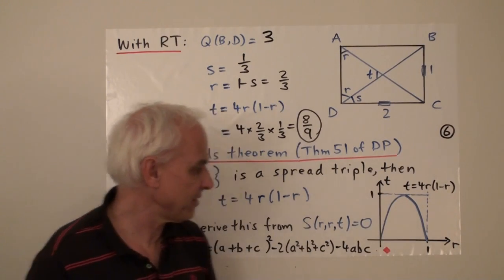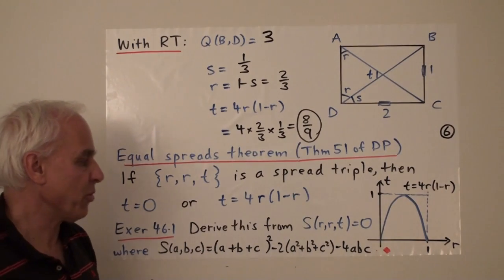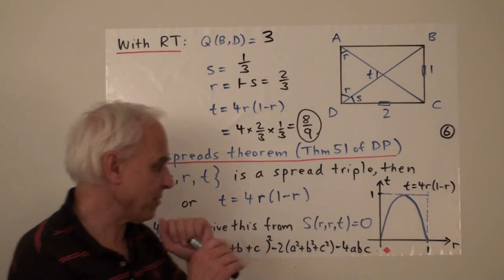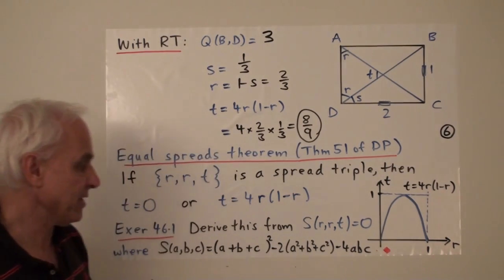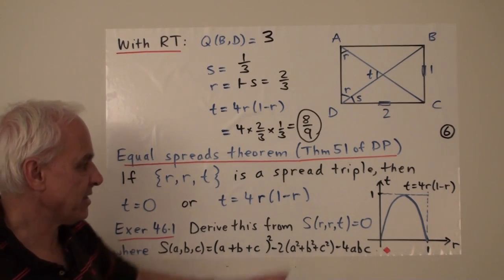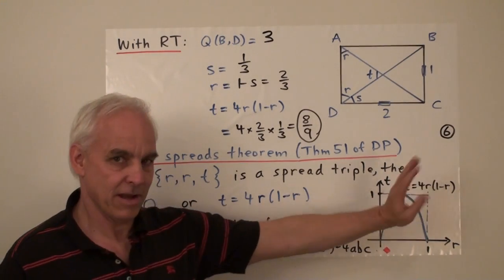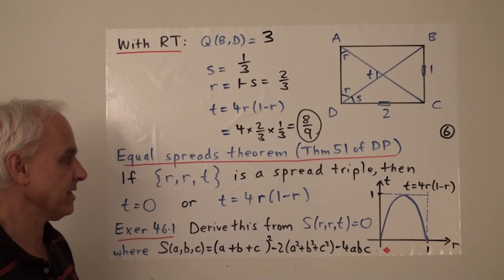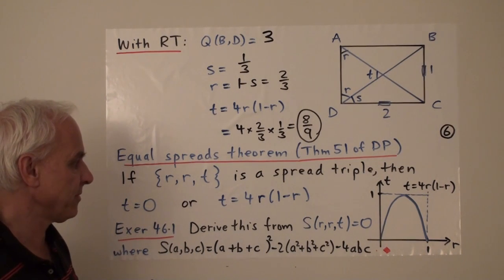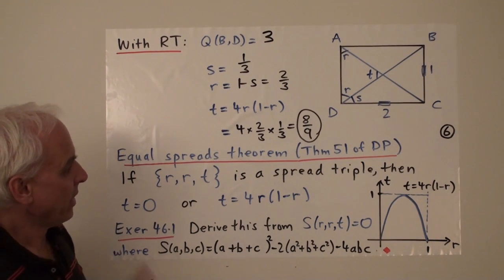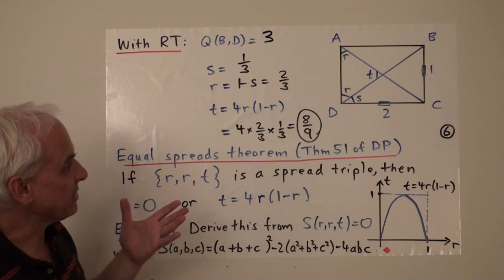And in fact, it's one of a series of polynomials called spread polynomials, which we'll have a lot more to say about in this series at some point. So this is a very important polynomial that will figure prominently, and we've already seen it in some situations in this series.